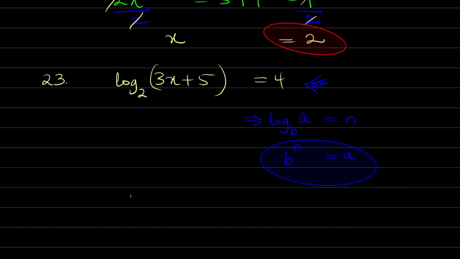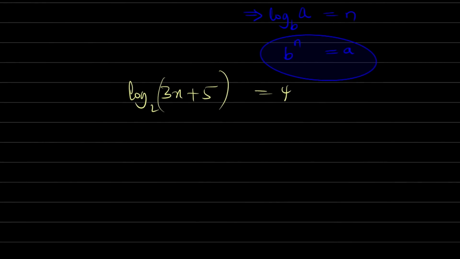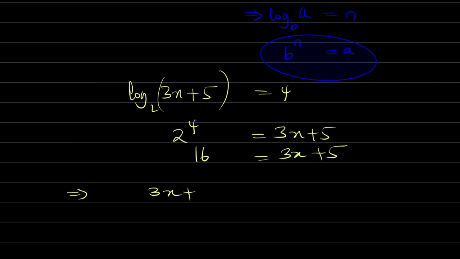So the given equation, log of 3x plus 5 base 2 equals to 4, can now be written as 2 raised to power 4 is equal to 3x plus 5. 2 raised to power 4 is 16, then equal to 3x plus 5, which is also the same thing as 3x plus 5 is equal to 16.